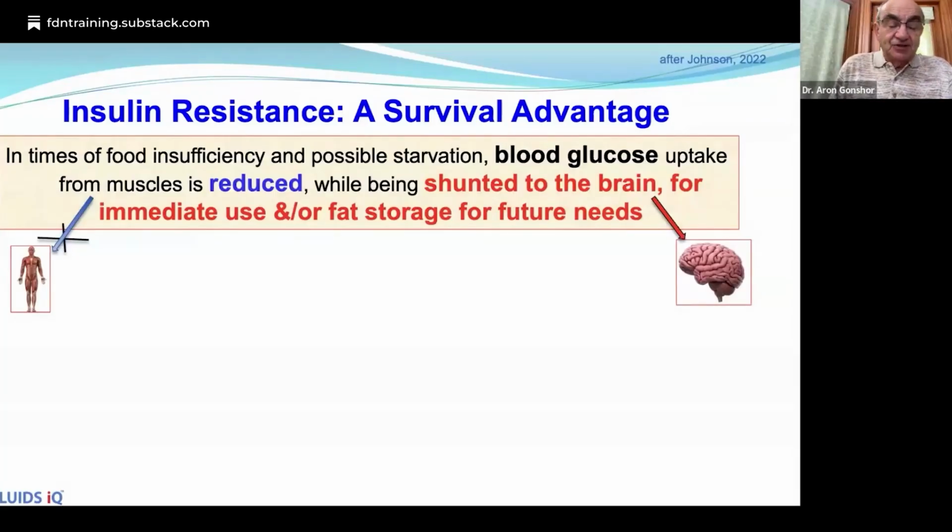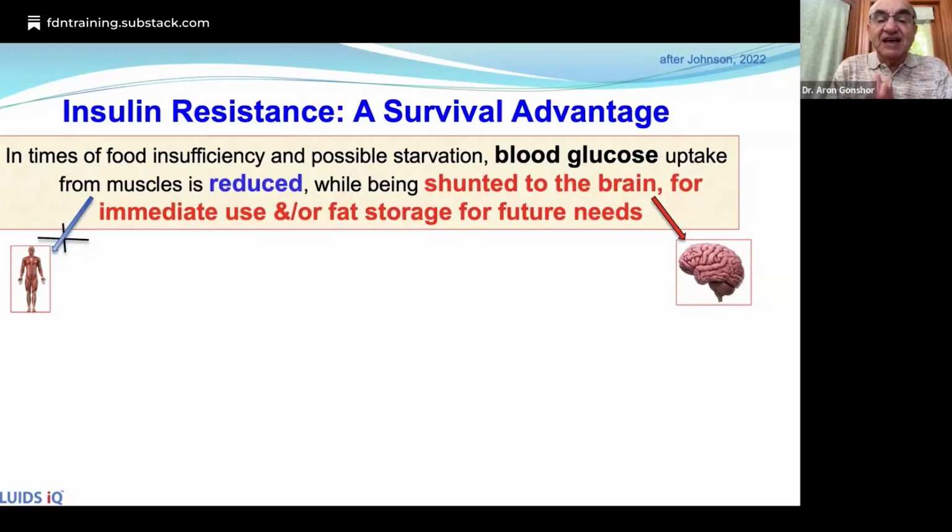And even today, in certain societies, in certain situations, in the time of food insufficiency, and even when you're getting into a possible starvation, what the body does is the blood glucose, that uptake from the muscles is reduced because normally you want glucose to go into the muscles so you can function normally.